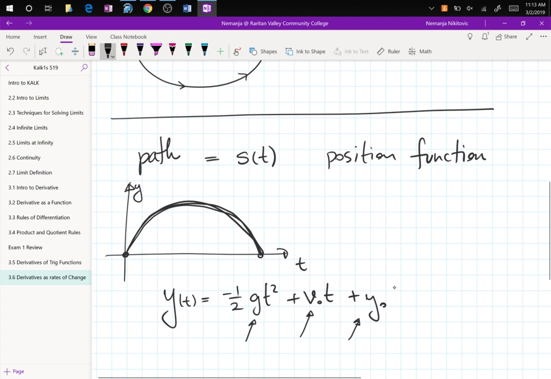Gravity will make sure it falls, hits the ground. Initial velocity and your height are the specifications of you throwing this, which is why we want specific people to play basketball, why we want specific people to play soccer, and so on, right? Because different characteristics.